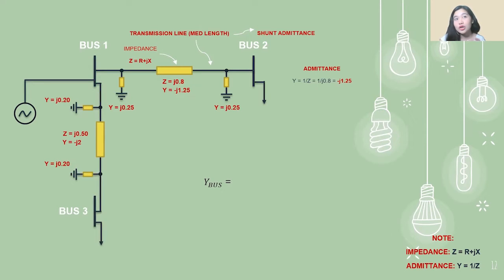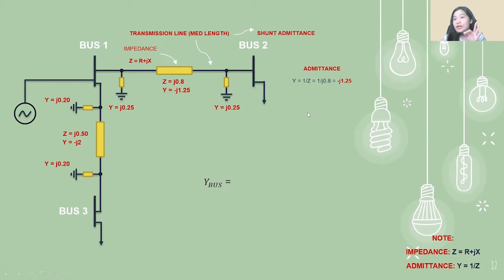So if we look for the admittance between them, it is equal to 0. Now we're going to talk about the Ybus matrix itself. We have 3 buses here: bus 1, bus 2, and bus number 3. The first thing we have to look for is how many buses we have, because that indicates what kind of matrix we are going to use.